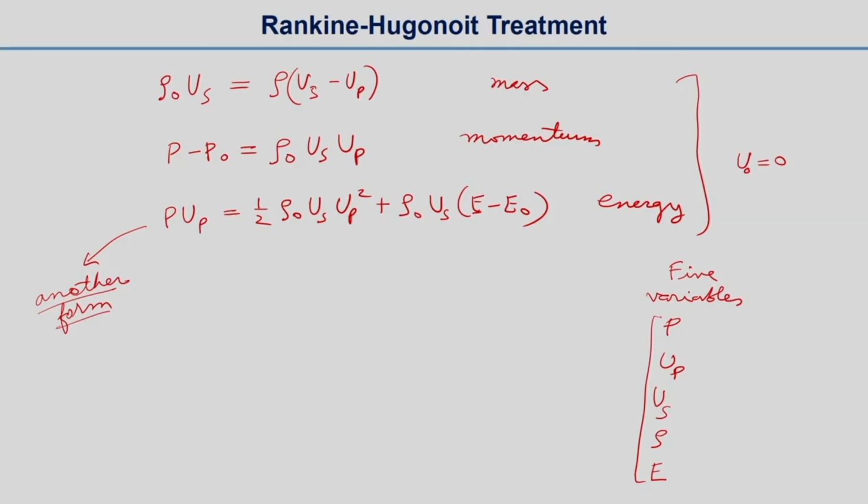Before that, we want to see what is the other form of this energy equation, which is more common. So we will go a little quickly. If you want to simplify this equation, E minus E naught is equal to P Up over rho naught Us, minus half of rho naught Us Up square divided by rho naught Us.